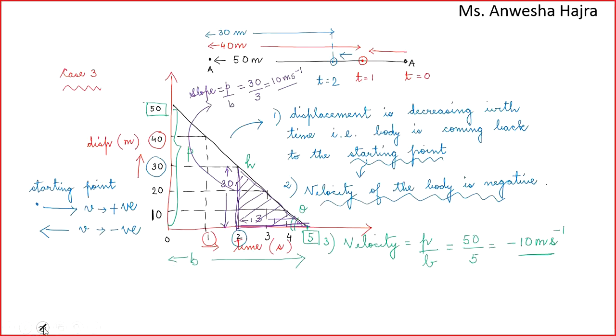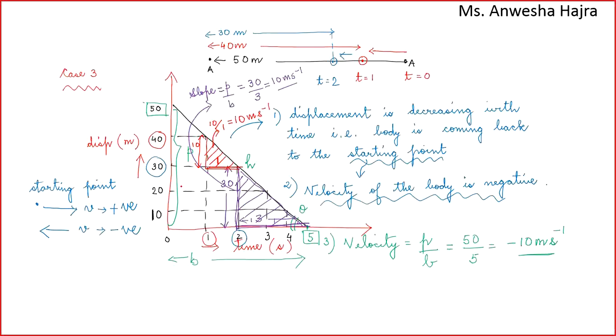Or if someone tells me, Miss, I am going to take a small triangle. No problem at all. Say this is 10, 40 minus 30, 10. And this base is 1, because it is 2 minus 1, 1. So this slope is 10 by 1, 10. Slope of a straight line will not change.